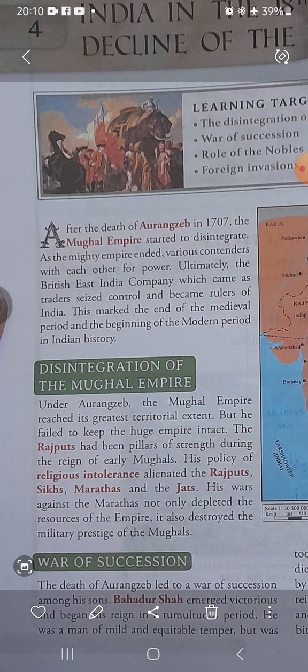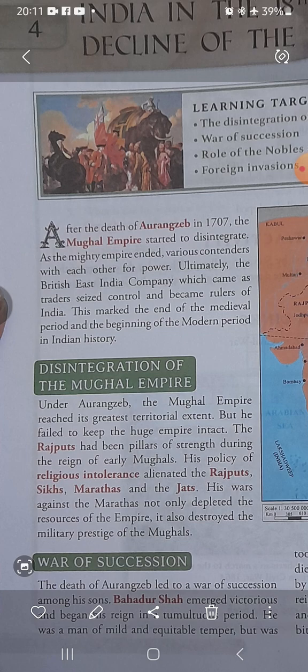The Rajputs had been the pillars of strength during the early reign of the early Mughals. His policy of religious intolerance alienated the Rajputs, Sikhs, Marathas, and the Jats. And the wars against the Marathas not only depleted the resources of the empire but also destroyed it. So, how Aurangzeb was responsible for the decline of the Mughal Empire is written over here.